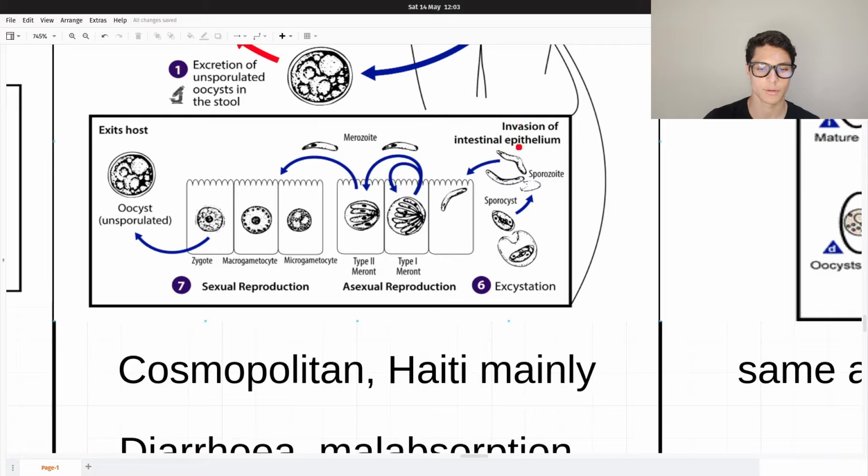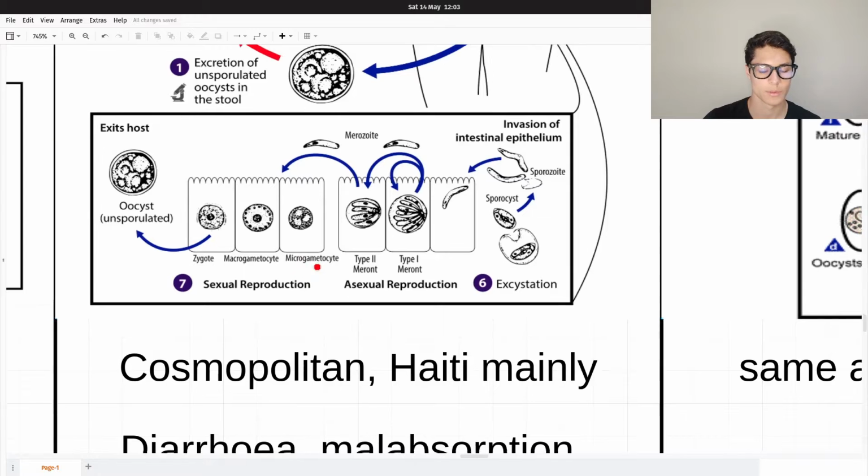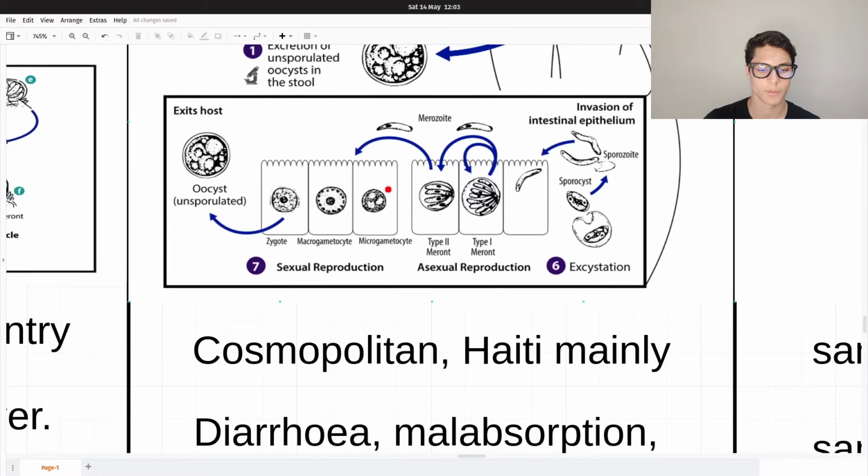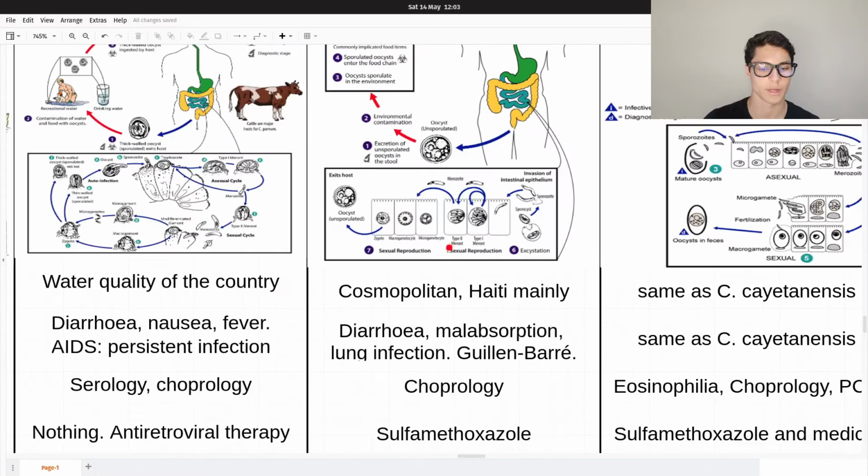There's an invasion of the intestinal epithelium, and then once inside, they reproduce asexually and create the merozoites, and then the merozoites will invade another cell, and they will eventually go for the sexual reproduction, the differentiation, and the creation of another oocyst that can exit the host and repeat the cycle.